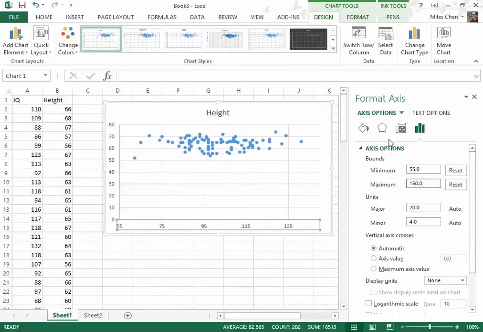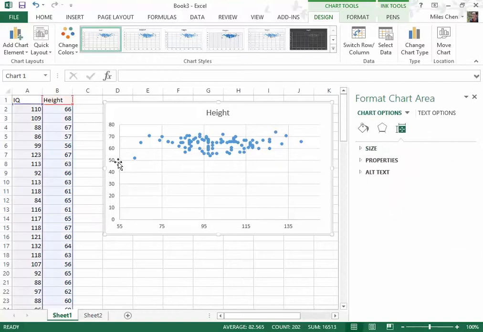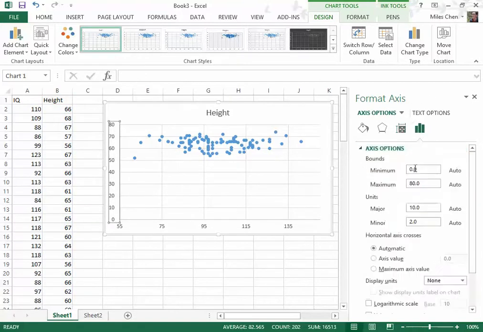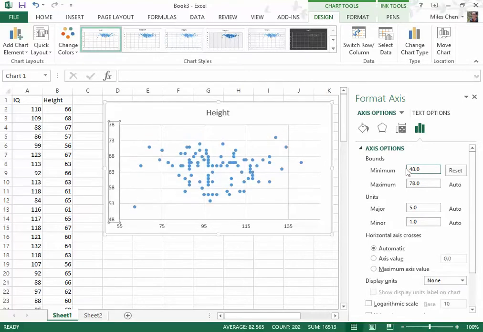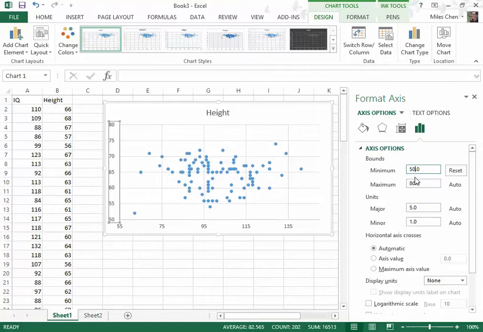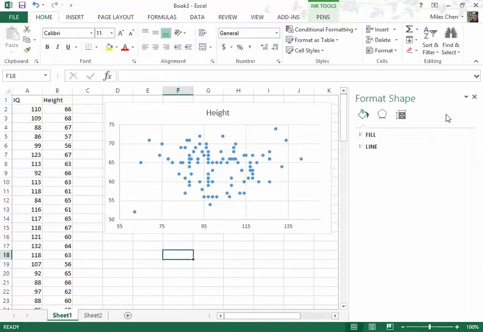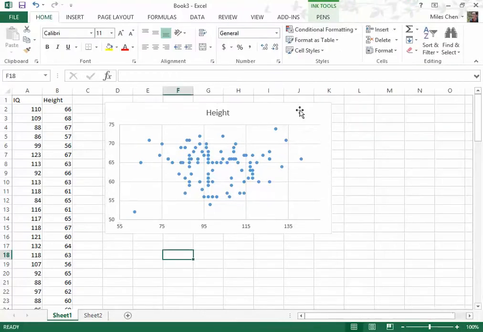And then for the vertical axis, we'll set the minimum to be, let's just do 50, to 70, 75. So this is with 100 data points.